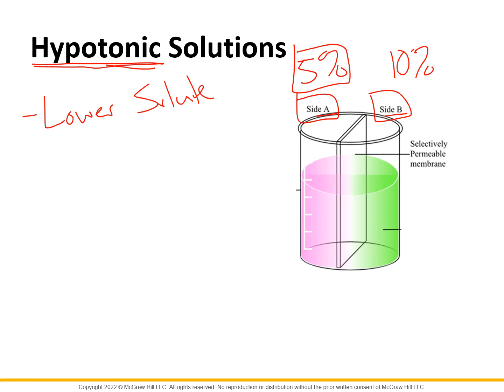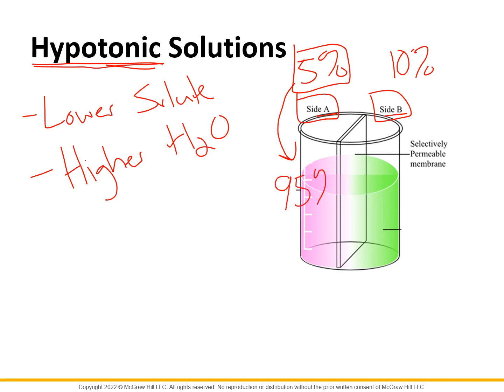And the one with the lower concentration of solute is by definition going to have the higher concentration of water. And you can do the math on this. So if this is 5% solute, doesn't matter if it's sugar or salt or whatever it is, then it will be 95% water.